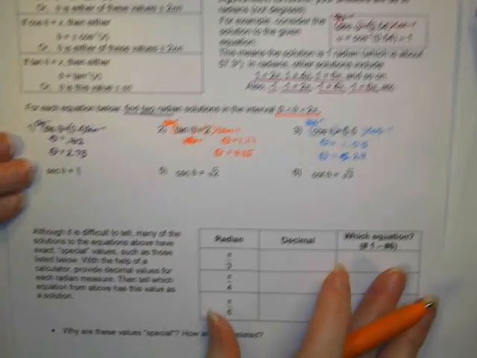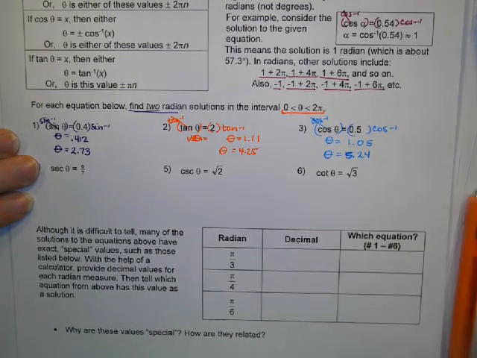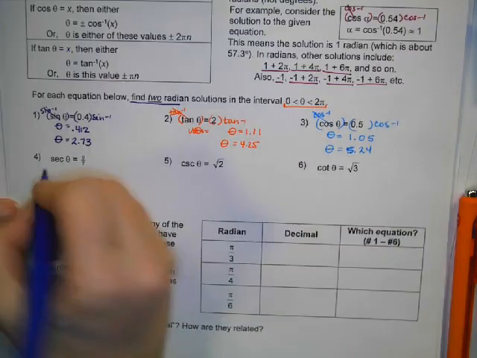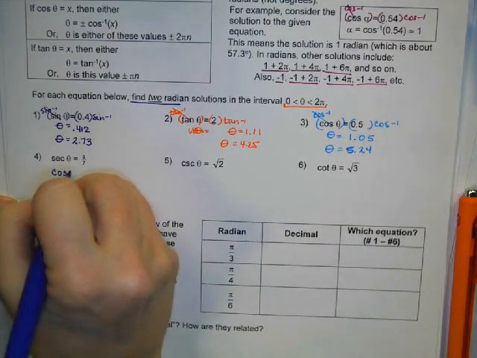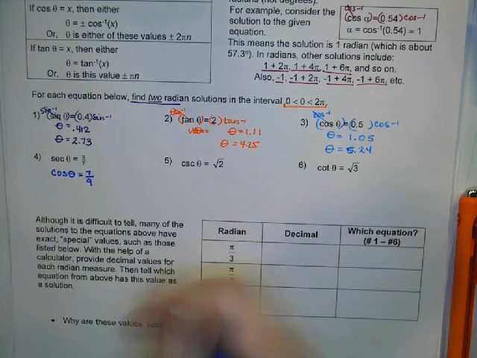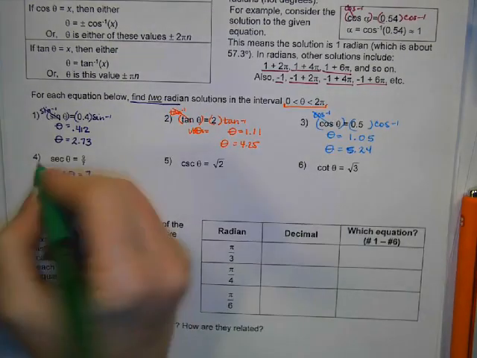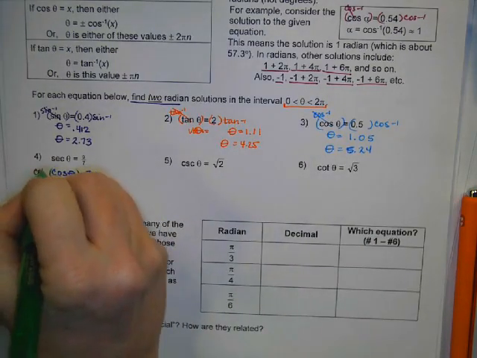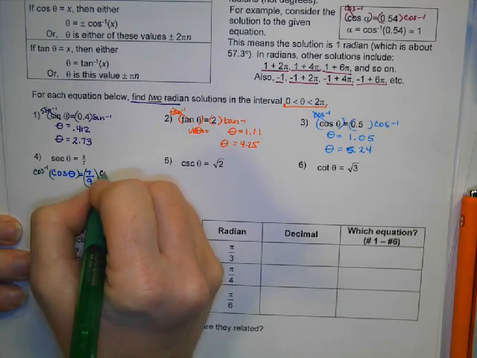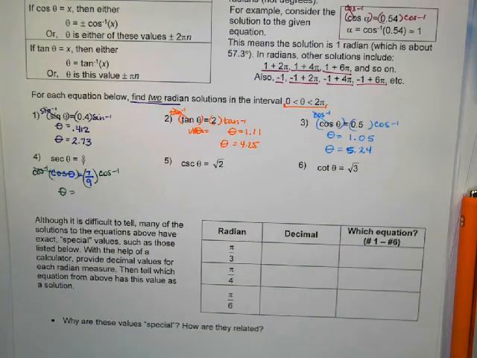Okay, so secant is buddies with cosine. So I can change this to cosine theta, and that means I'm going to flip over my fraction because they are reciprocal partners. And then I can arc cosine. I do this because I don't have a secant button on my calculator. So in order to be able to put it in my calculator, I flip it to make it its buddy.